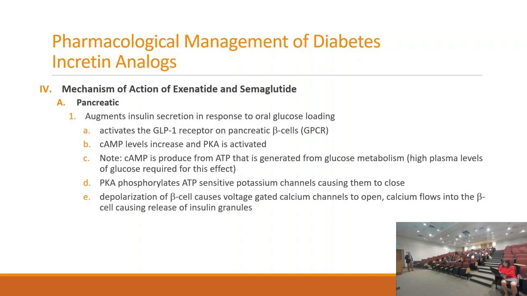So you eat, blood glucose levels start to go up, and now the incretin hormones are released from the intestinal tract, and they have that effect on the pancreatic beta cells to really boost or supercharge insulin release. Now, how does that happen?